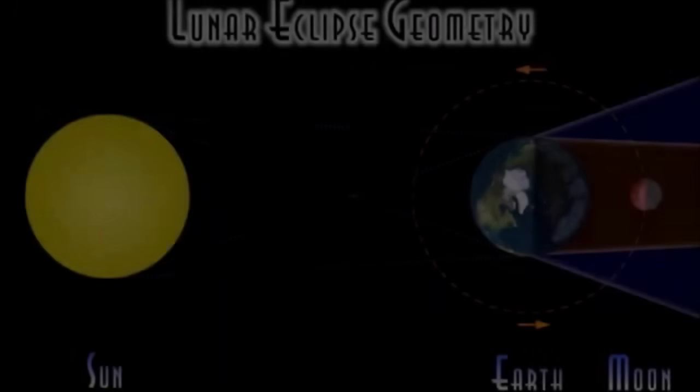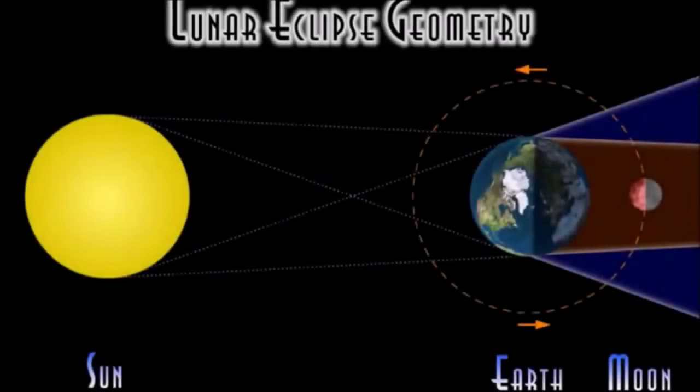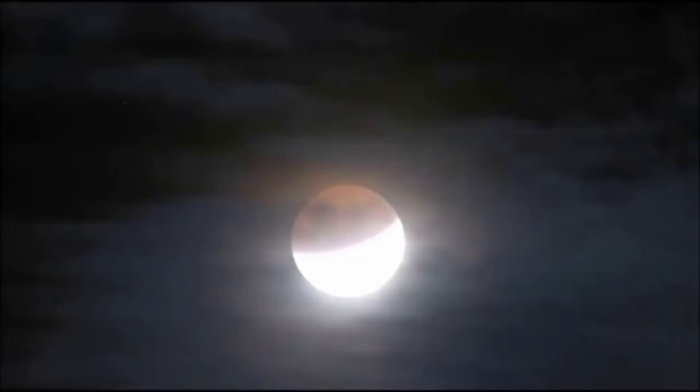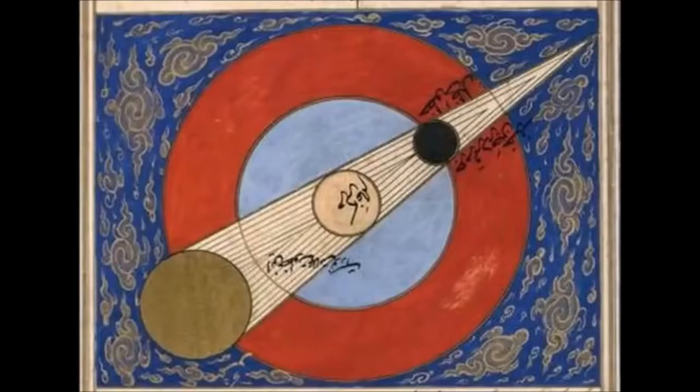What about eclipses? Many skeptics like to use eclipses as proof of a globular Earth because of the round shadow that is cast upon the lunar surface. They claim that the sun, earth, and moon align in a perfect 180-degree syzygy, with the sun casting Earth's shadow on the moon.